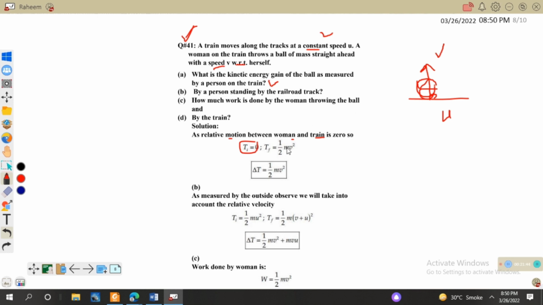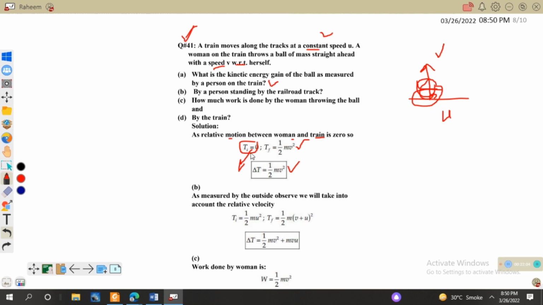So the final velocity will be v, and its energy will be 1/2 m v squared. So the change is delta T equals 1/2 m v squared. We have put T initial equal to 0 because at t equals 0 the ball was in the hand of the woman, and the relative velocity between the ball and the woman's hand and the train was 0.